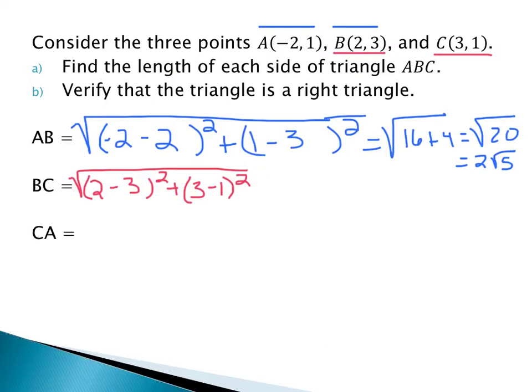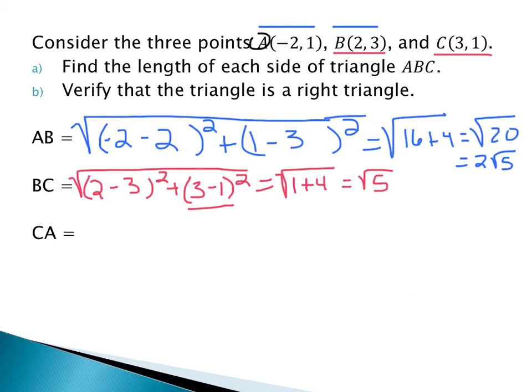The square root of 2 minus 3 is -1. -1 squared is 1. 3 minus 1 is 2. 2 squared is 4. So plus 4. So this is the square root of 5. That can't be simplified. Lastly, we take C and A.